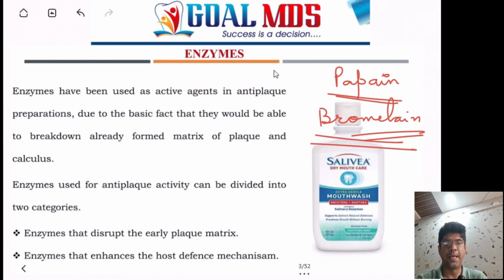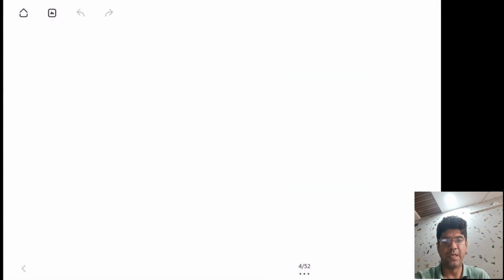Its ability to break down proteins helps to remove the protein-based deposits from the teeth and oral tissue. Bromelain is an enzyme that is found in pineapple. So it can also break down protein and is used in plaque removal.